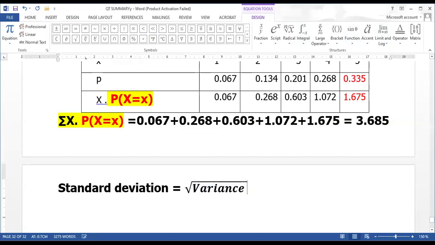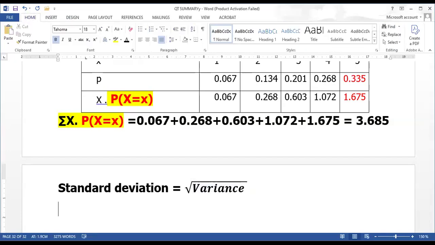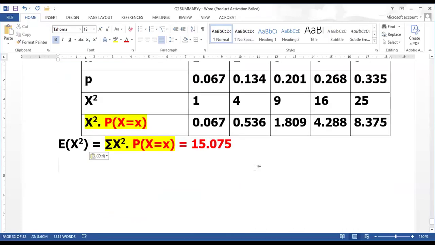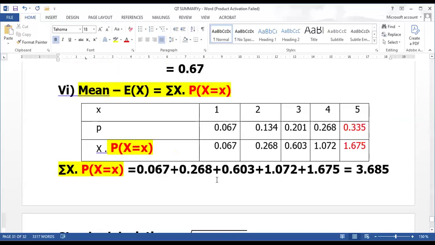Variance is equal to this one. Then do we have the expectation of x from this question? From this question we already have the mean. The mean is this one.